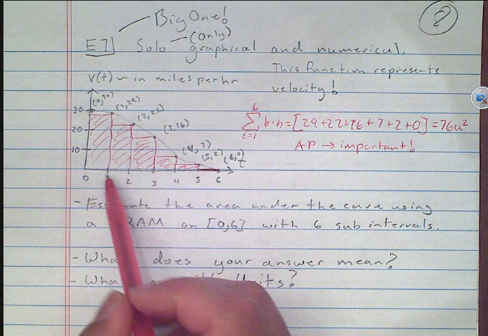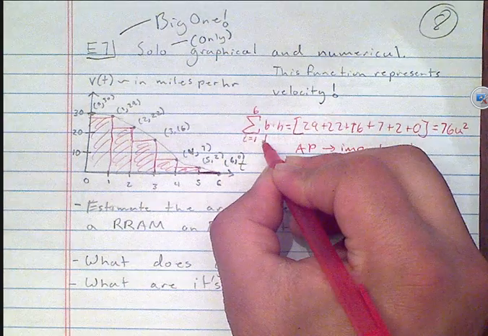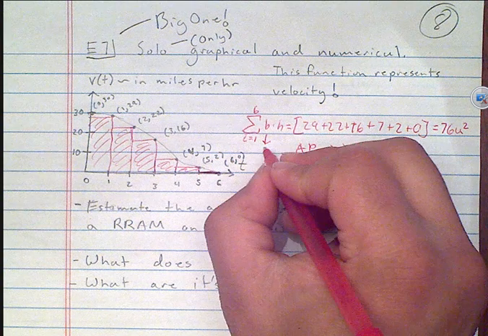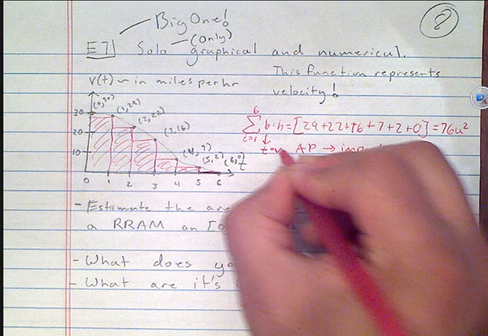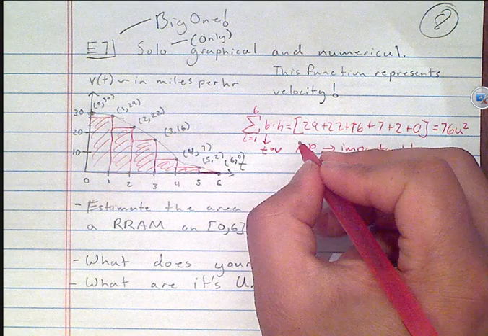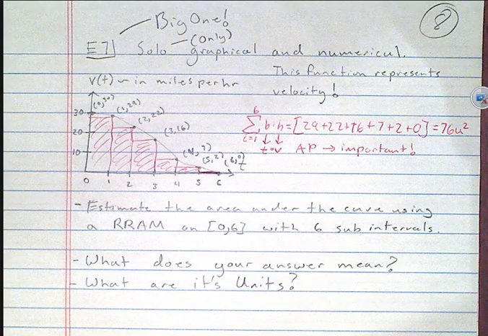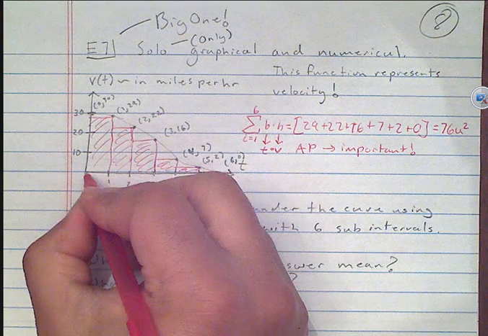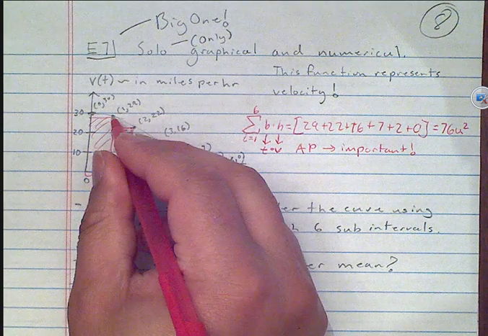What you've done with this base times height is you've taken a time times a velocity. The base times height is a time times a velocity. This is a time, and this stands for the velocity.